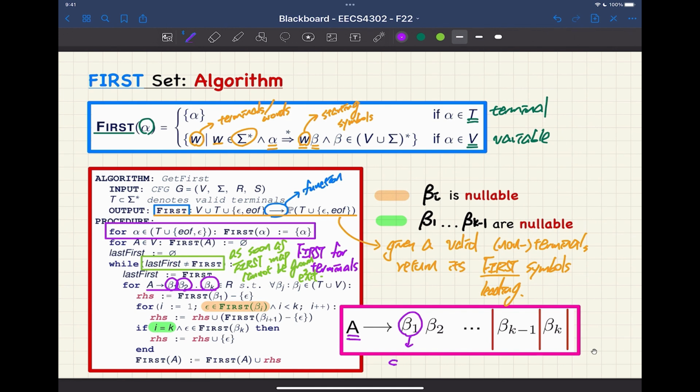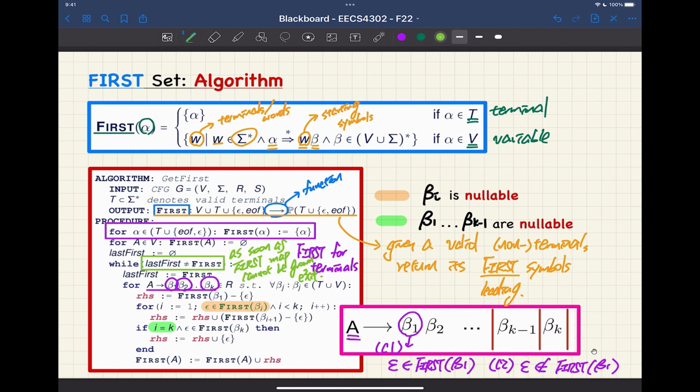If the epsilon is a member of the first of beta 1, this is case number 1. And we also got case number 2. It is not a member. Let me write it down and I'll explain. Epsilon, not a member of first of beta 1. We got 2 cases over here.